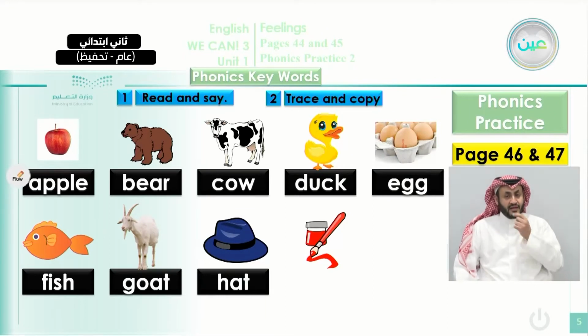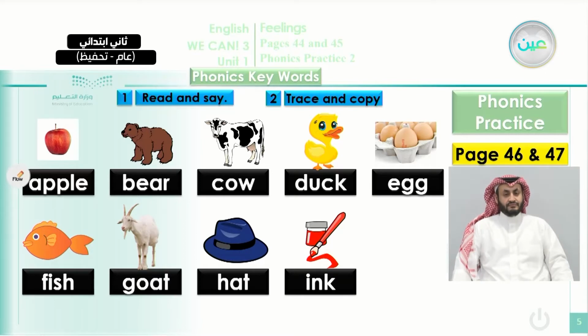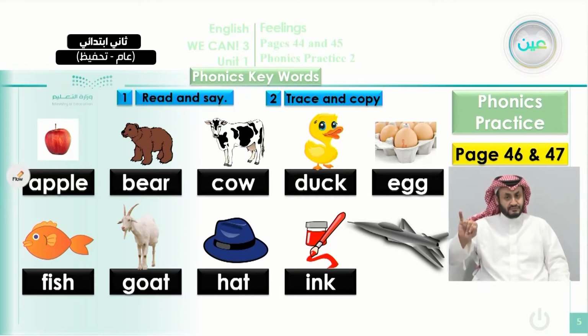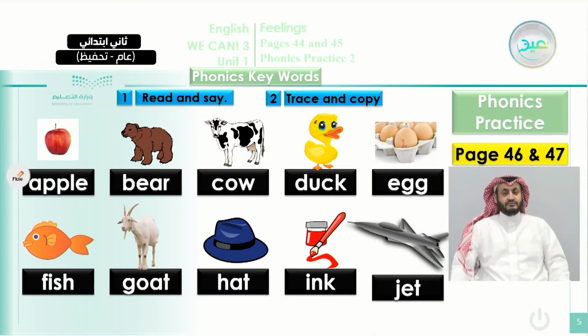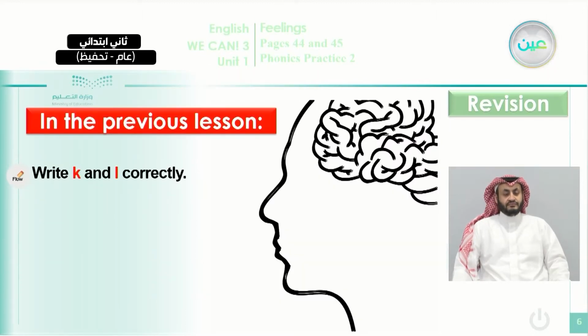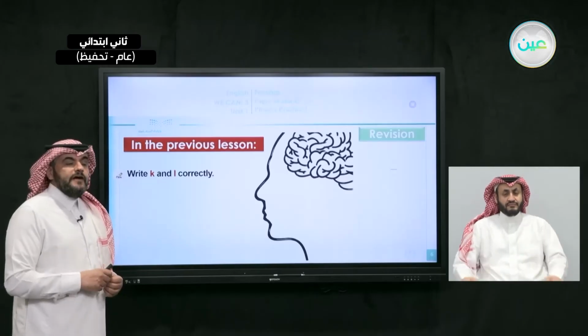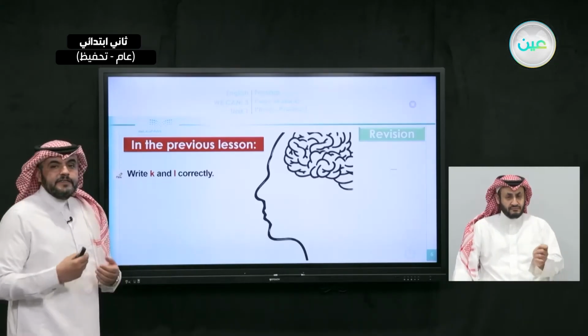How do you spell ink? I-N-K. Very good. And the last one here, what is this? This is a jet. We call it jet. How do you spell jet? J-E-T. Very good.